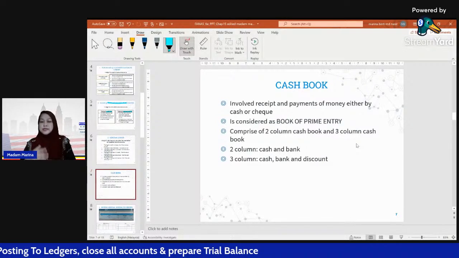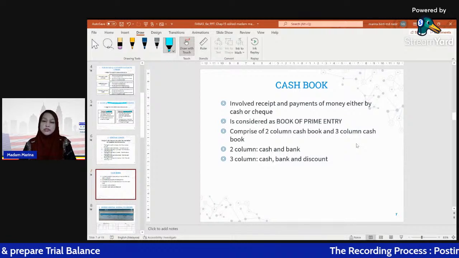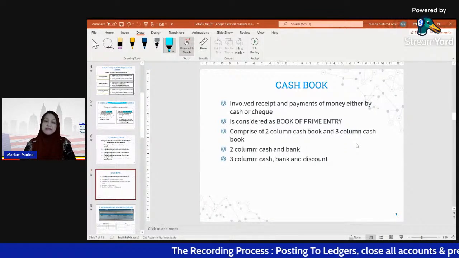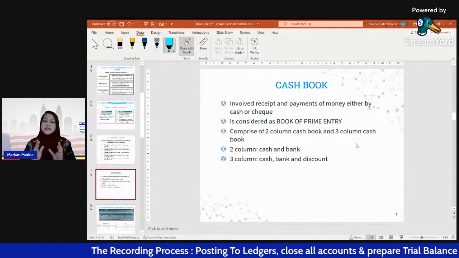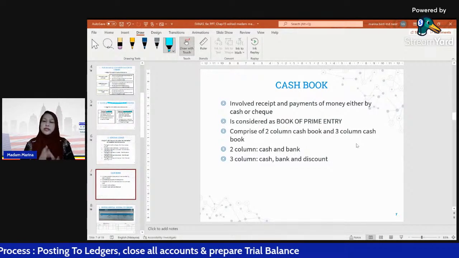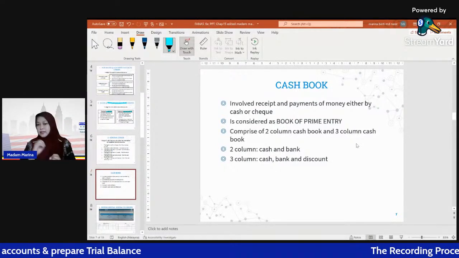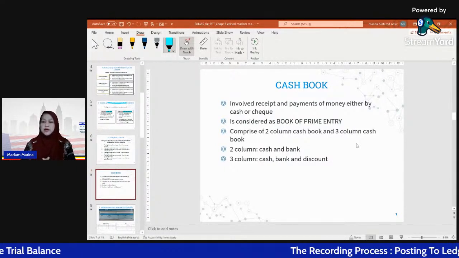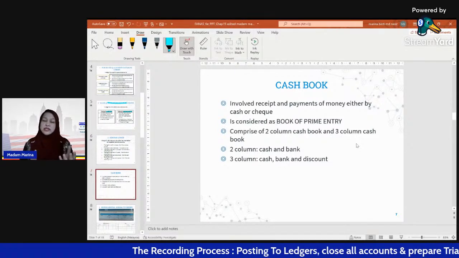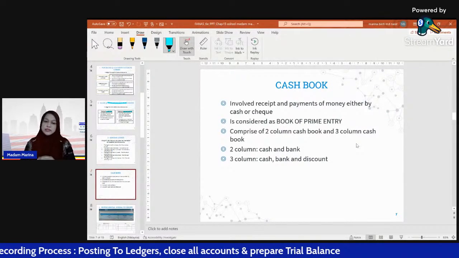Actually, we already posted the first entry in the ledger, the first side in the double entry. Maybe we already posted the debit side of the cash book, but we have not yet posted the other side, the credit side of the cash book. So now we need to complete the double entry in the cash book, either in the debit or the credit side.